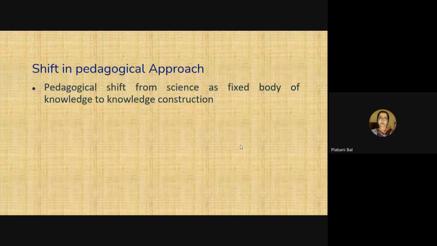So we have shifted from a rote type or transfer of knowledge type situation, or acquisition of knowledge type, towards the construction of their knowledge.